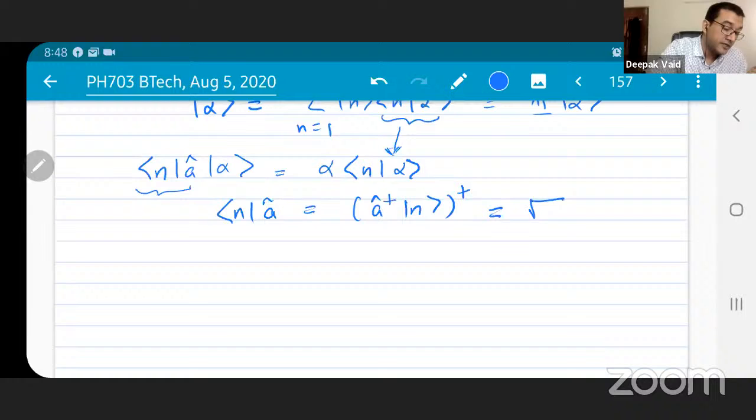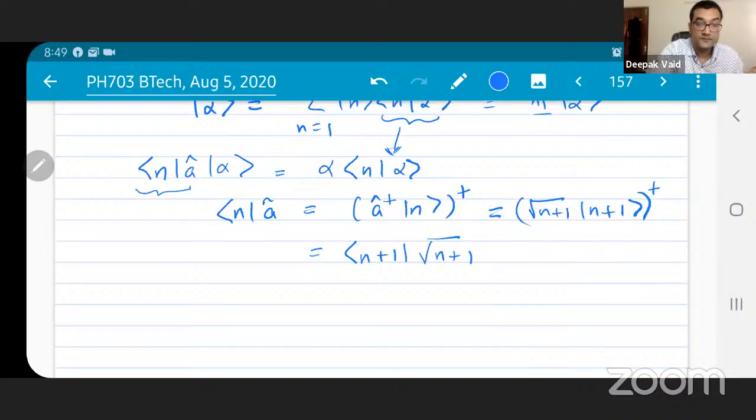So on the right, I get root n plus 1, this Hermitian conjugate, and this will give me ⟨n+1| times root of n plus 1.